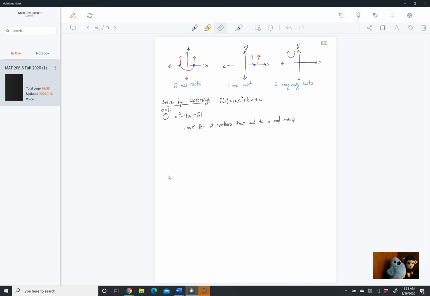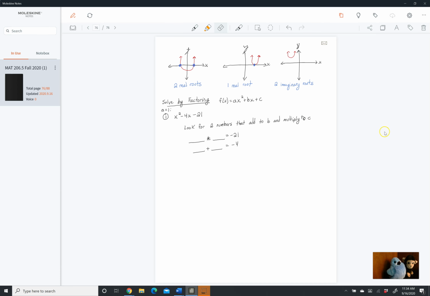Once we factor this, again, I'll show you why this is the case, okay? Multiply to c. Okay, so in other words, in this case, we're looking for 2 numbers that are multiplying to negative 21 and adding to negative 4.